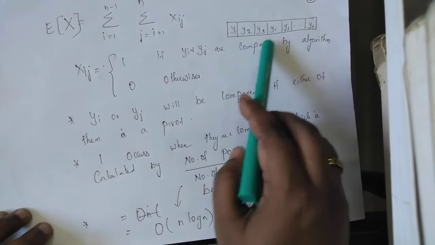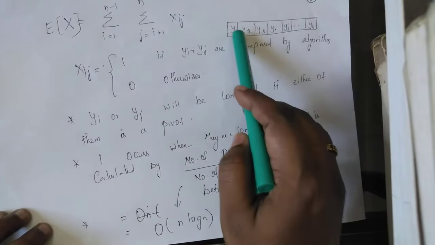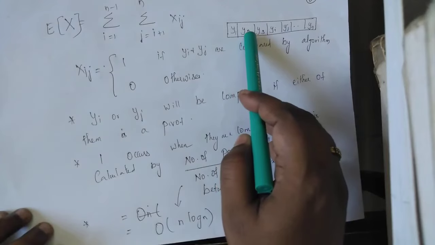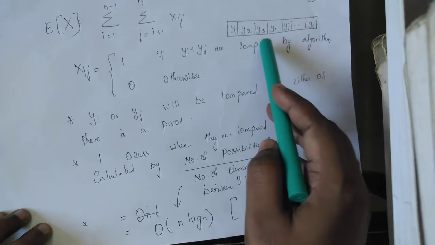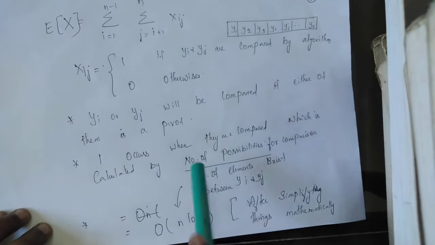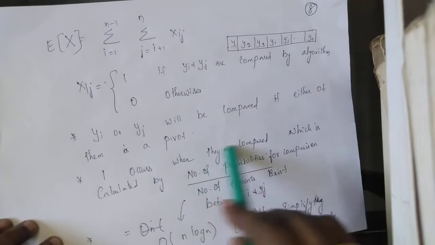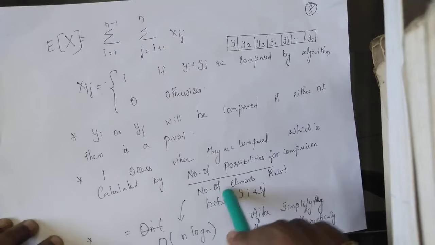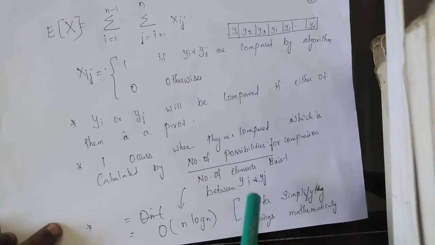If they are farther apart, the probability of them being compared is less. Why? Because they would have got split, and they need not be compared at all. This is how they are compared. When we calculate this quantity and substitute it, it gets reduced. After mathematically simplifying, it is proven that we get big O of n log n.